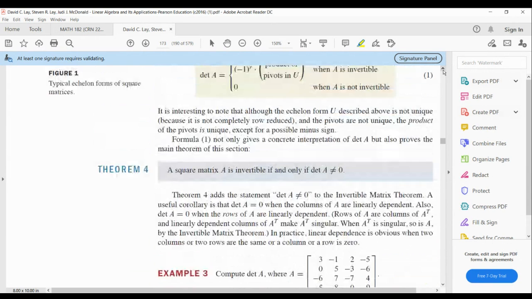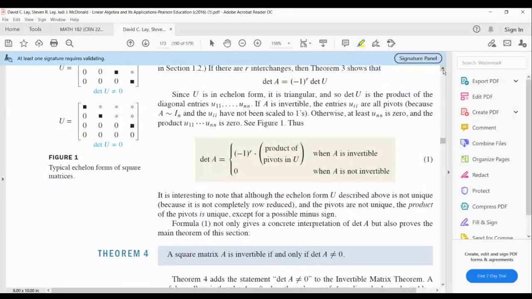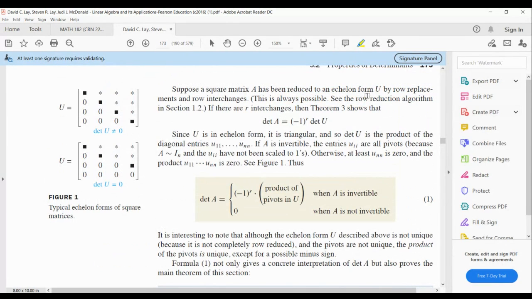And they actually show that the determinant of a matrix A, you can get a matrix in echelon form without doing scaling, okay? And so you wouldn't need to utilize property C. You would only need to utilize properties A and B.